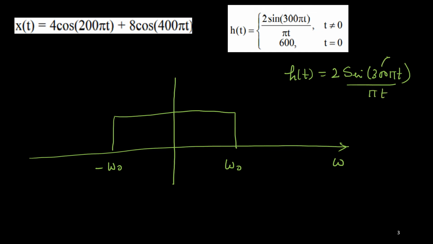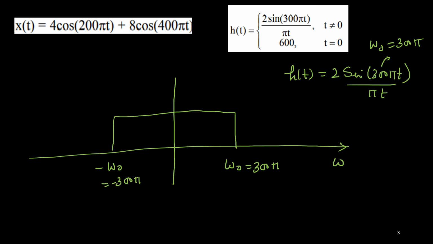So here omega naught is 300 pi, right? So this is your 300 pi. So this is your minus 300 pi.